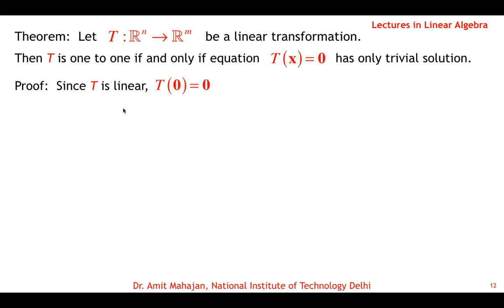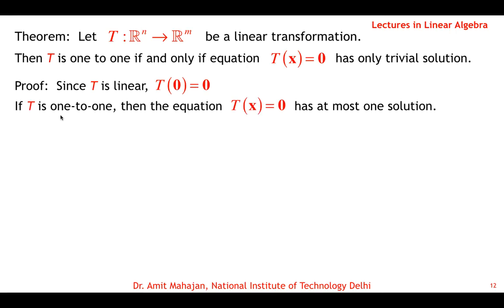Since T is linear, the property says that T(0) is always 0. The linear transformation maps origin to origin. First, let us take that T is one-to-one.